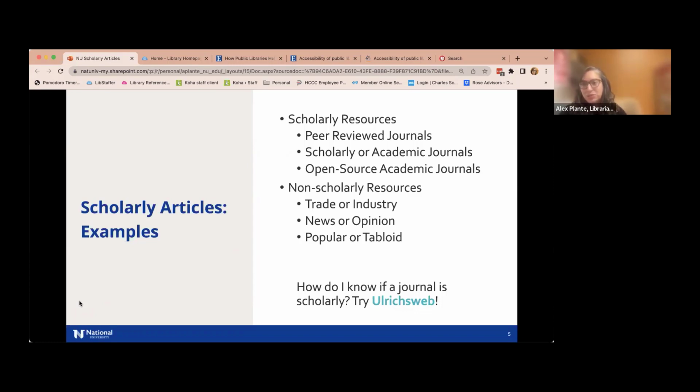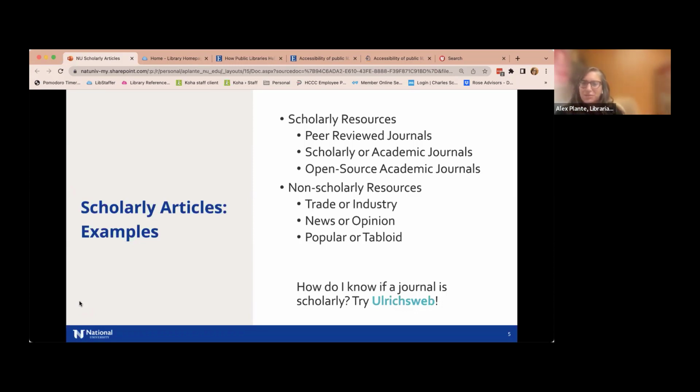News and opinion, right? So the New York Times, Washington Post, The Atlantic, Wall Street Journal. Those are news and opinion. Again, not scholarly, very well researched in many cases, but not peer reviewed. And then of course, the very bottom of the barrel is your popular and your tabloid. They also tend to be the most fun to read. So those are your GQs, your Esquires, your People Magazine, Cosmopolitan, I'm dating myself.